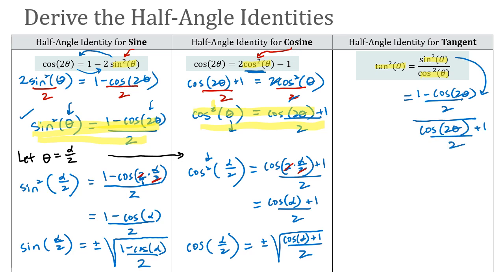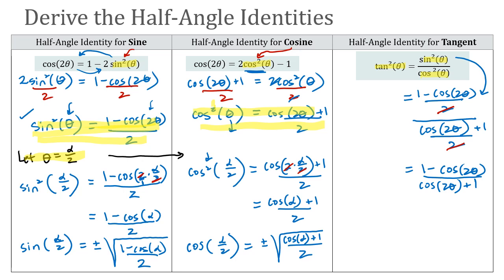And I hope that you see here that those 2's are going to cancel. And so I am left with 1 minus cosine of 2 theta over cosine of 2 theta plus 1. Now I'm going to do the same process that you saw me do before. I'm going to let theta equal alpha over 2.